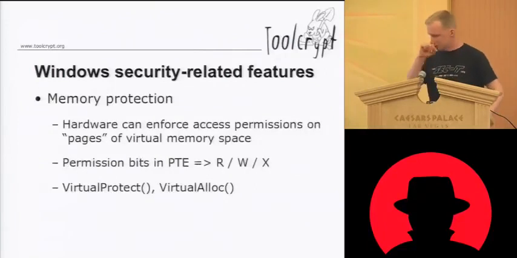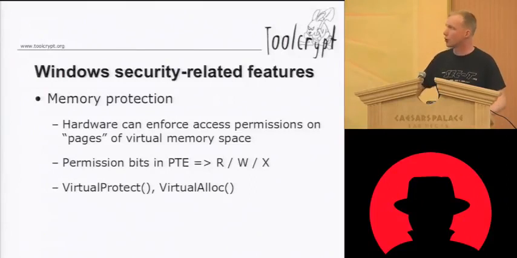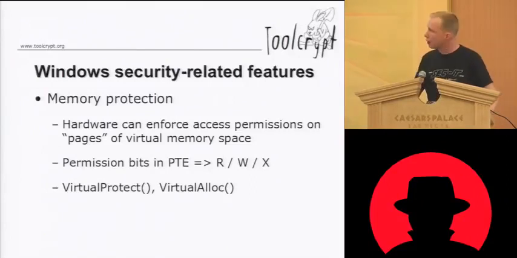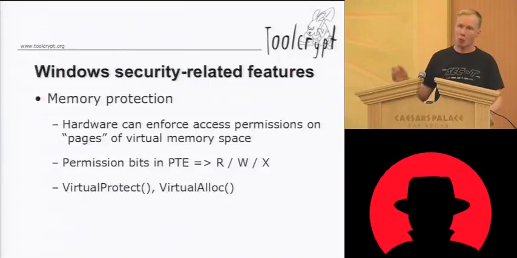Right. Before I go on to specific counter-exploitation measures that Microsoft has developed during the years, I'll just put in this slide here just to make sure that everybody knows how memory protection works on Windows. Basically, your Intel hardware can enforce access permissions on a memory page basis.